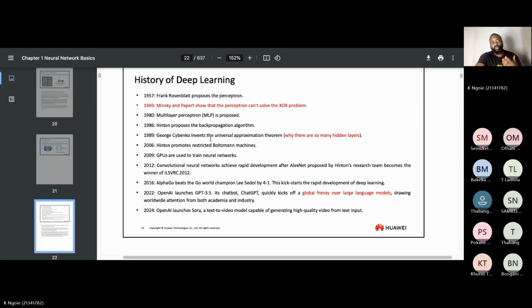So looking at the idea of deep learning, when machine learning started with artificial intelligence in 1957, the first thing that was proposed was the perceptron. The perceptron was just a neural network with just one layer. You know what I'm saying? And from that time, deep learning has grown to a point where in 2016, an AI was able to beat a human at a game called Go.